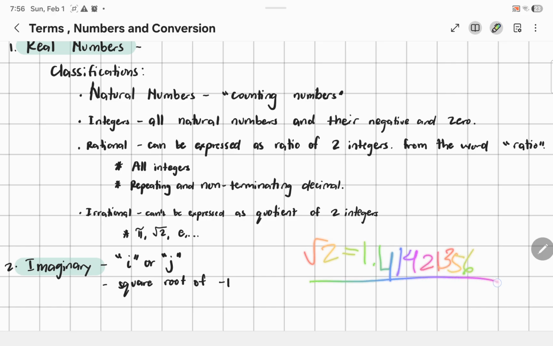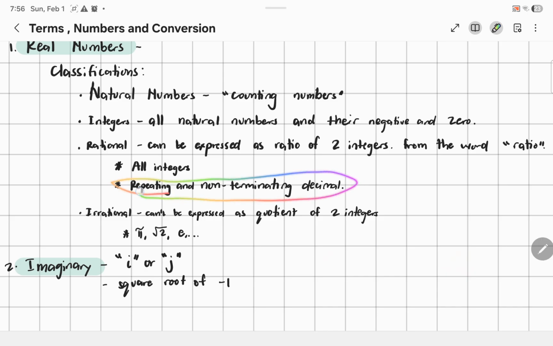So this is not repeating, okay? And so on. Again, rational numbers are repeating or terminating decimals, while if it's non-repeating, then it classifies that decimal number as an irrational number.